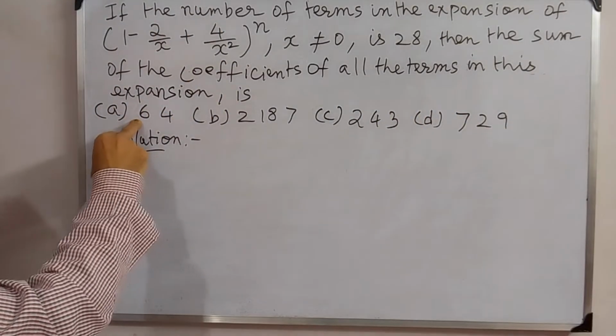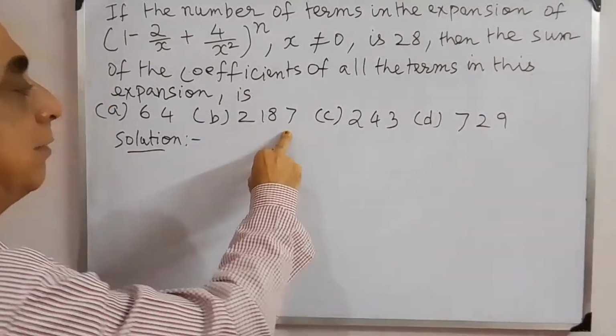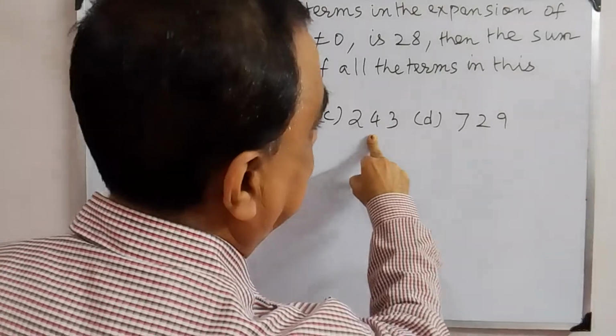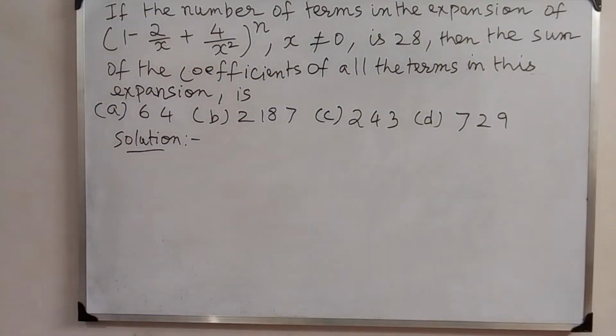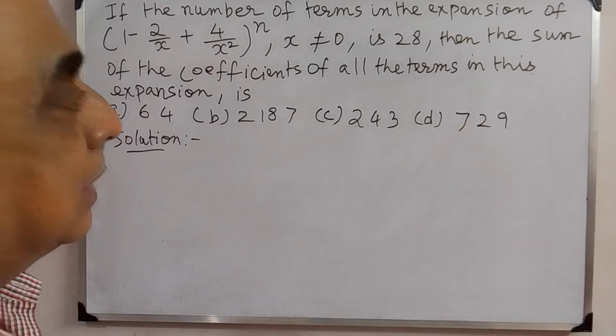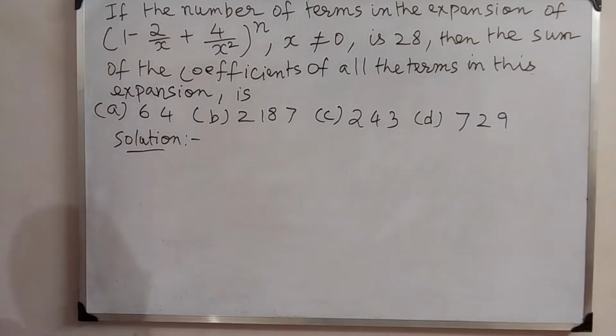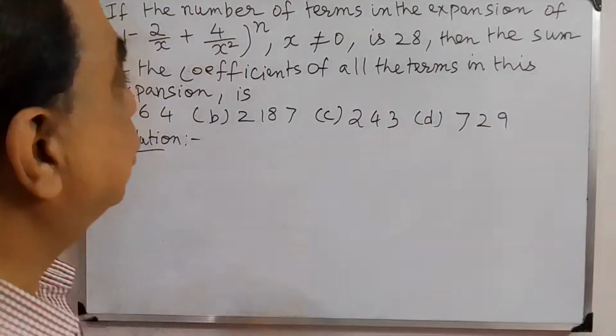Given options are A 64, B 2187, C 243 and D 729. Out of these four given options, only one is the correct option, and we have to find the correct option for the given question.